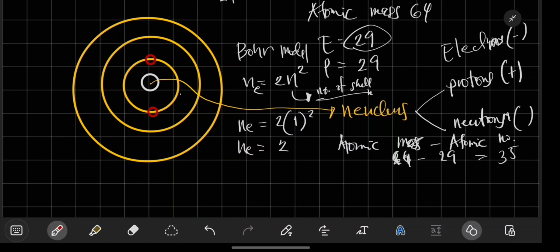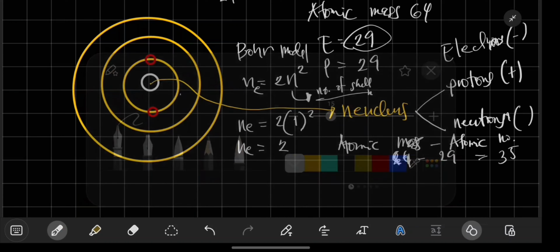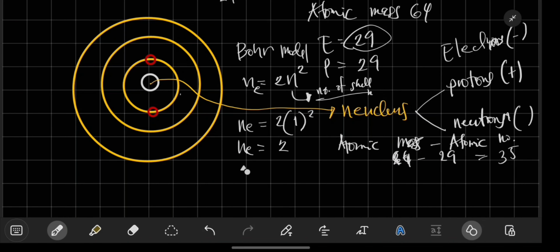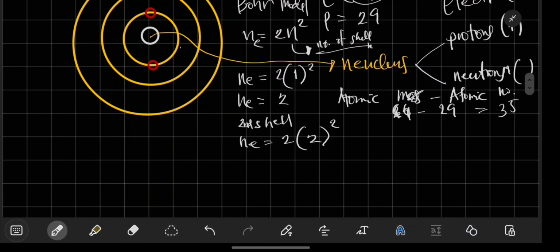Okay? For the second orbit, the number of electrons in the second shell, the maximum number. Since this is now for the second shell, the n is equal to 2. Okay. So the maximum number of electrons in the second shell is, 2 squared is 4, so 2 times 4 is 8.